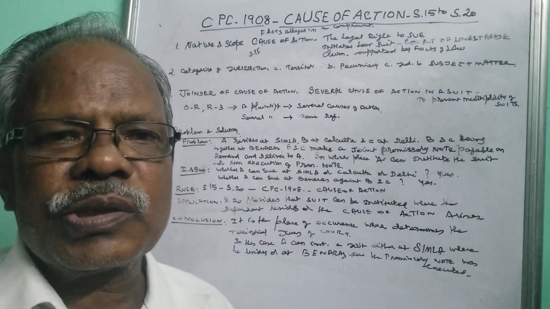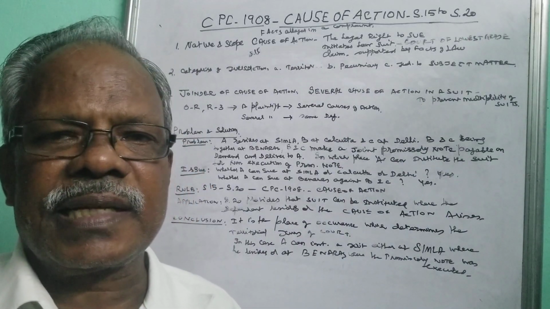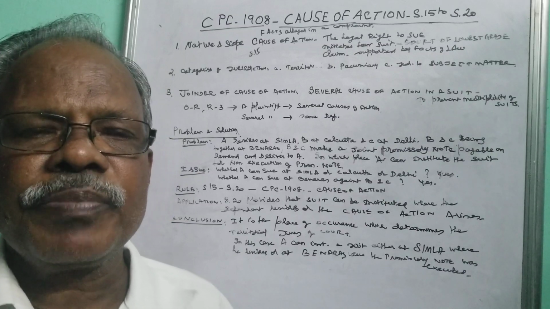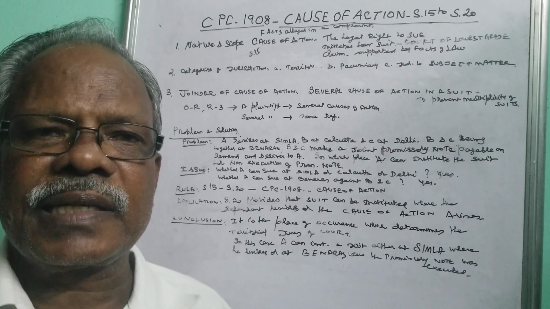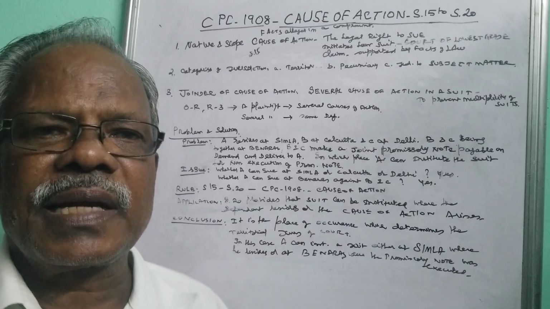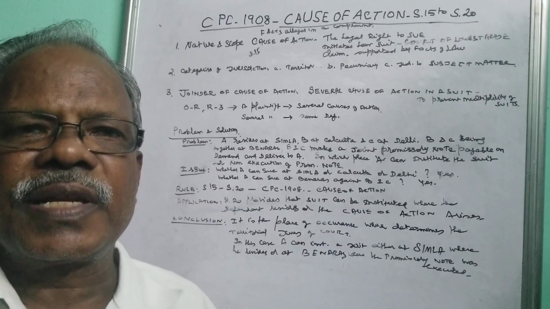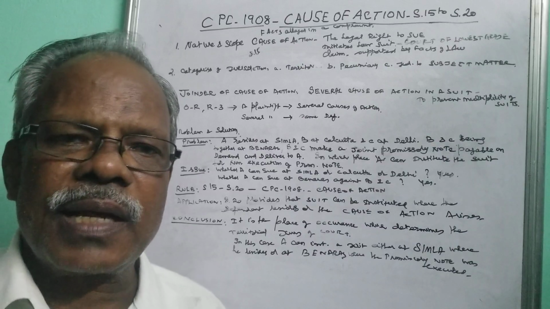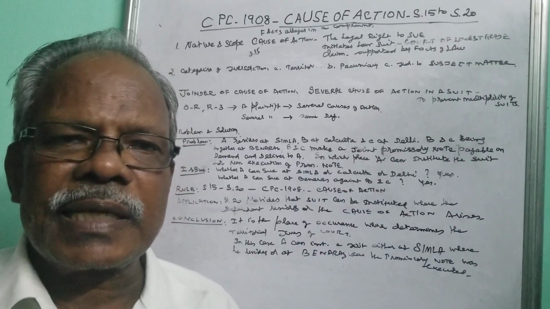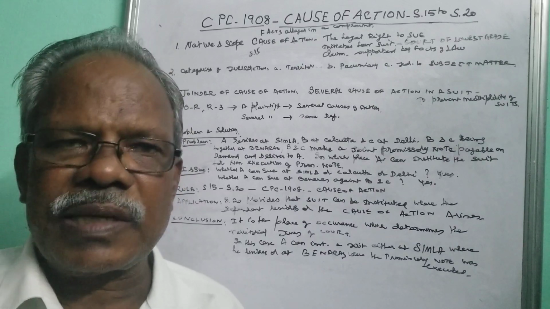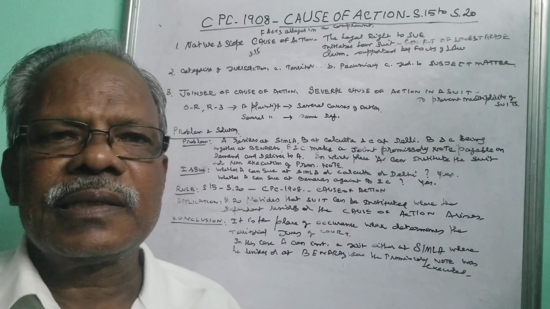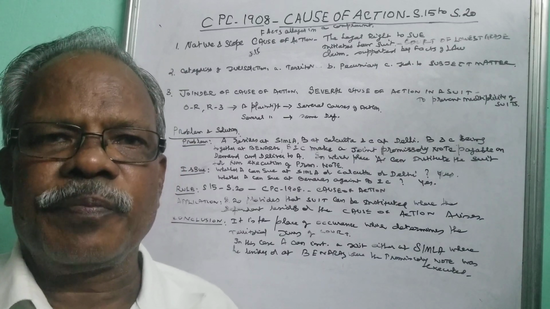The topic chosen for today's discussion is the cause of action, which comes under the Civil Procedure Code and is dealt with in sections 15 to 20. So there are totally 6 sections involved in cause of action that we are going to see in this video.